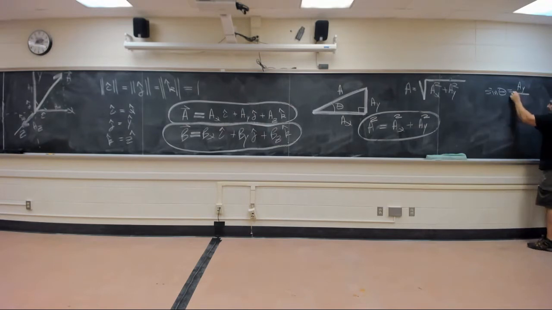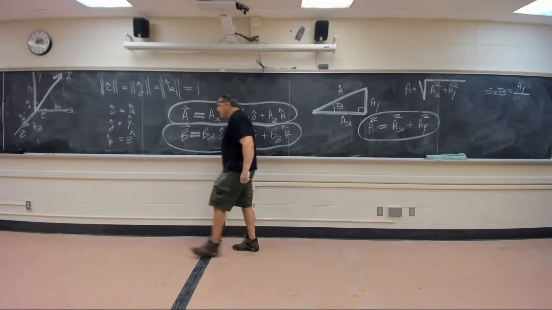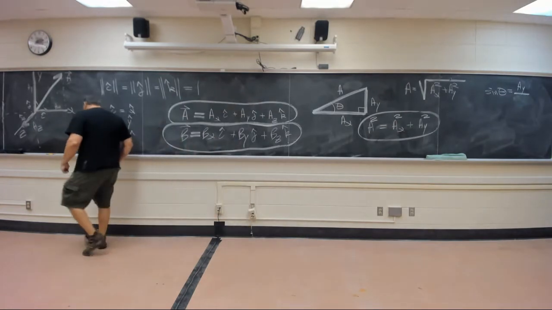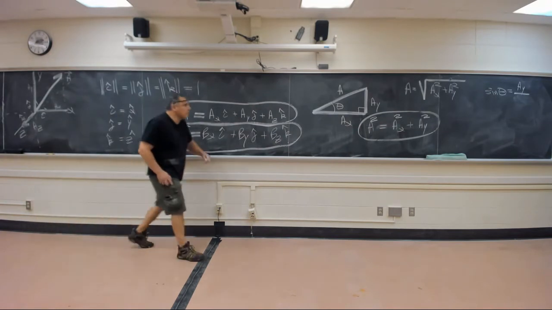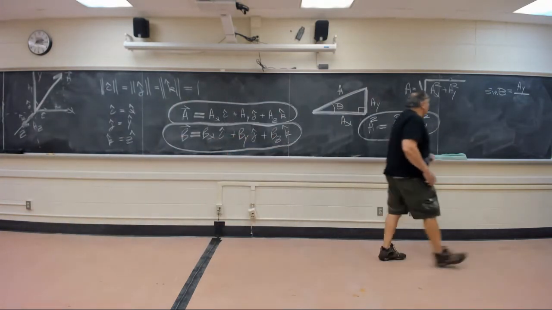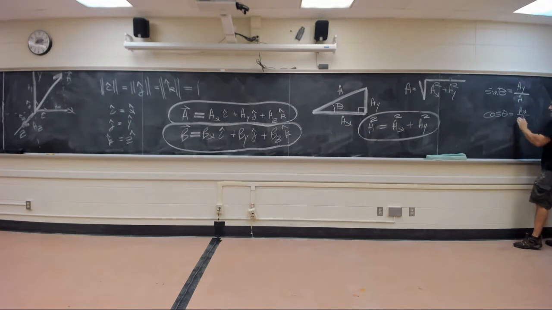In terms of length, you're not dealing with vectors here, guys. So, the adjacent over the hypotenuse is called the cosine. So the sine is opposite over hypotenuse.